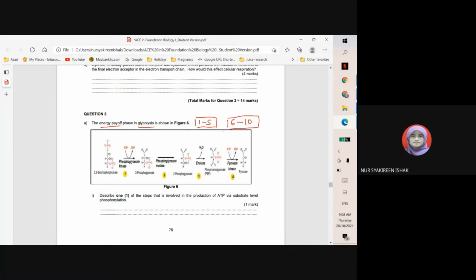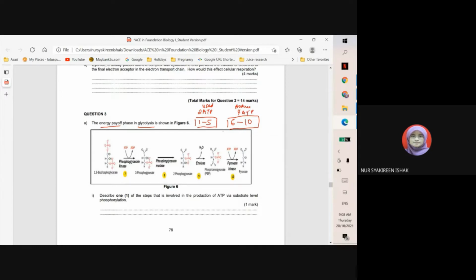During step 1 until step 5, 2 ATP is used. And during the energy payoff phase, step 6 until 10, it produces 4 ATP molecules. Glycolysis occurs in the cytoplasm.